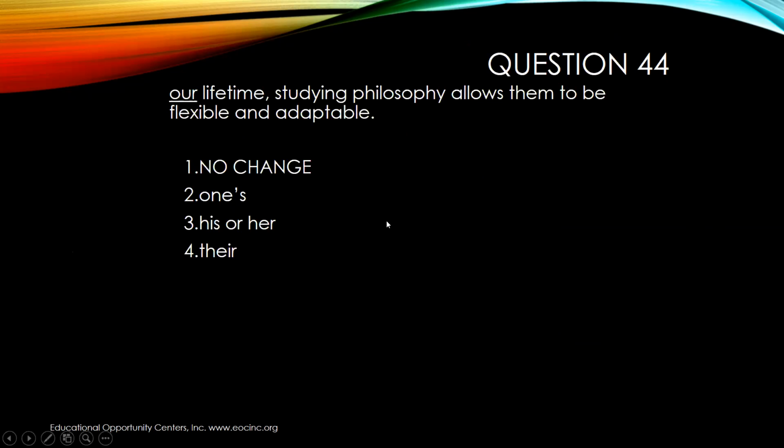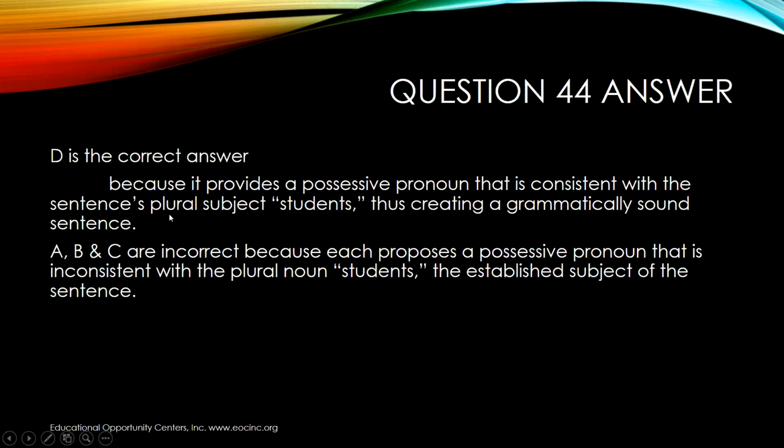Number 44, let's finish with a bang. Our lifetime. I think we have B. Correct answer there is D. This is again that possessive pronoun that you want to review, students and their, or student and it.